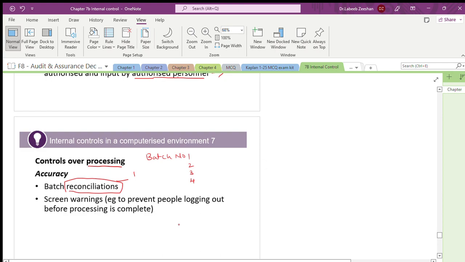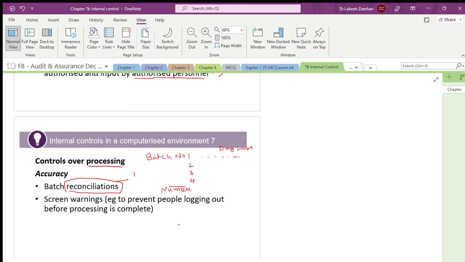These batch totals row wise and these batch totals day wise should match. That means again and again we are making sure that we are not going to miss anything as an auditor.